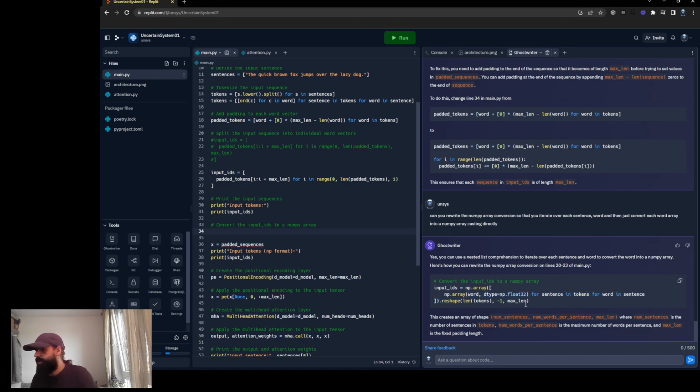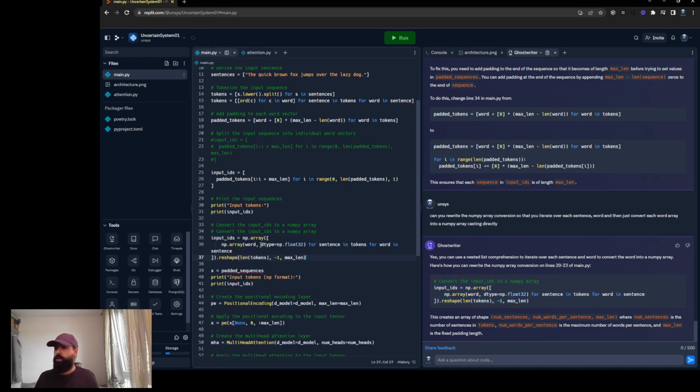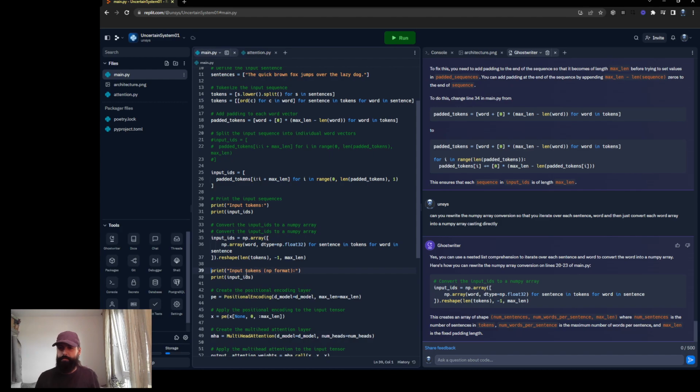I'm not so sure about this reshape here. No, pad, so input IDs.